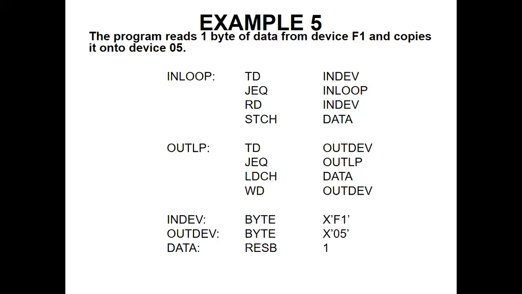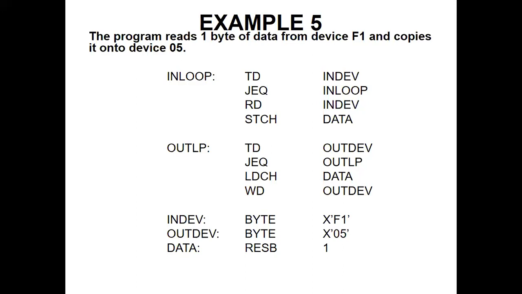So the second instruction there says jump if equal to a label called in loop. Remember, if we get an answer equals, it means that the device is not ready. So it means that we have to go back and we keep ourselves in that loop until we get an alternative answer.